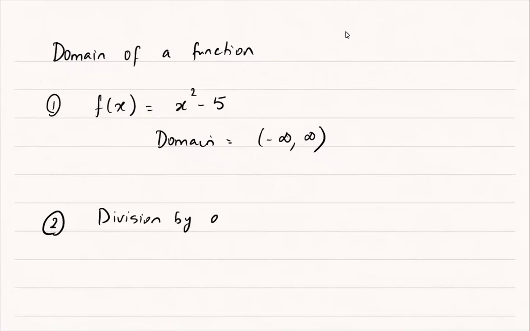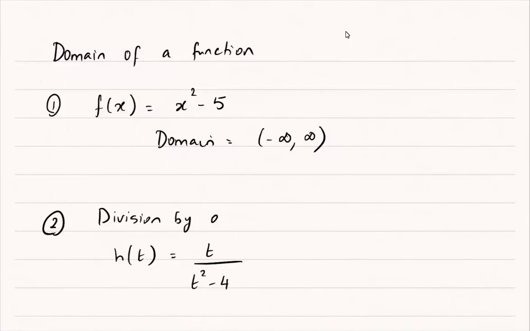What is an example of that? For example, if I give you a function like so. So this is a function, okay? Here you have a quotient. There is a denominator here which has a variable, right? So there is a potential for this denominator to become 0.